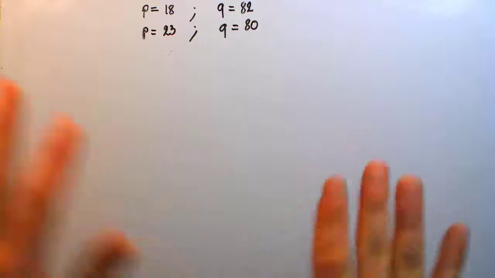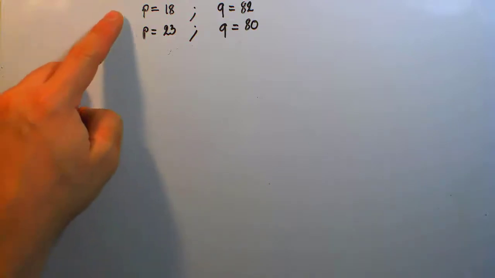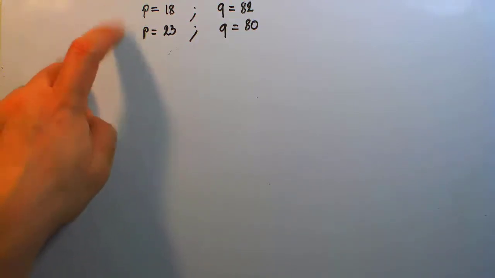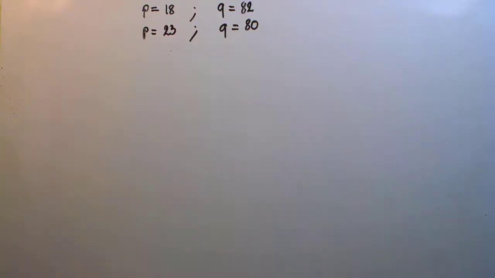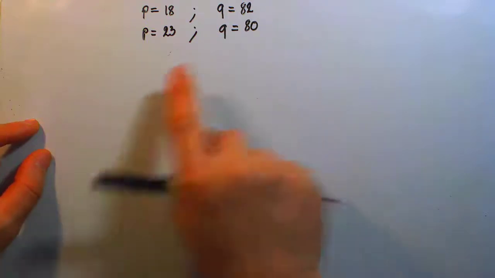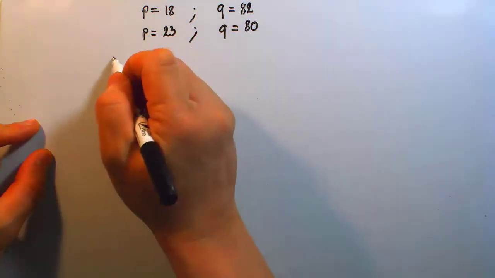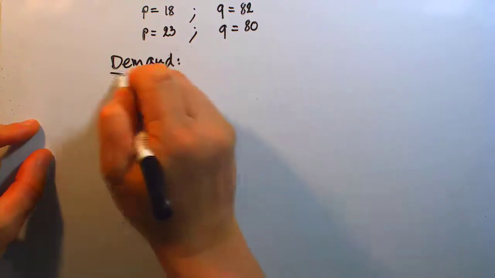But let's not be too worried about the reducing or increasing. What I see is that we have an adjustment in price, and that also caused an adjustment in quantity sold. Sooner or later, we're going to have to come up with our demand function.